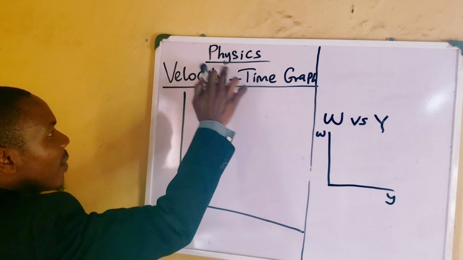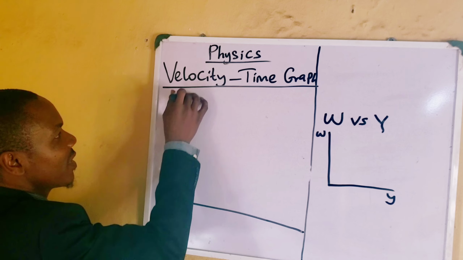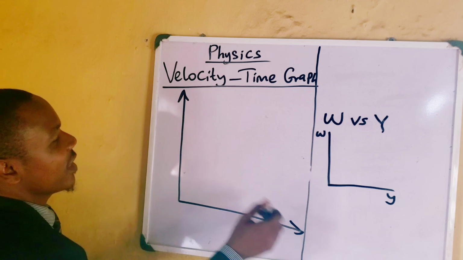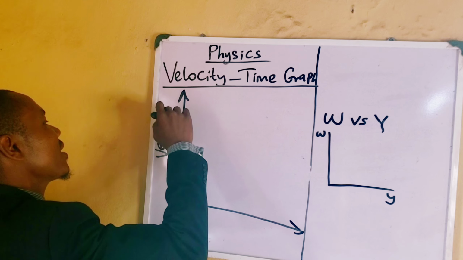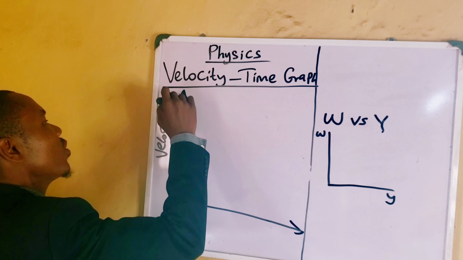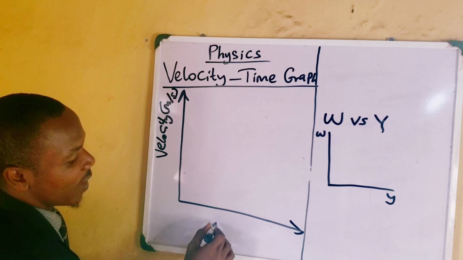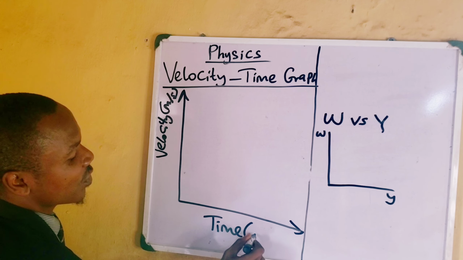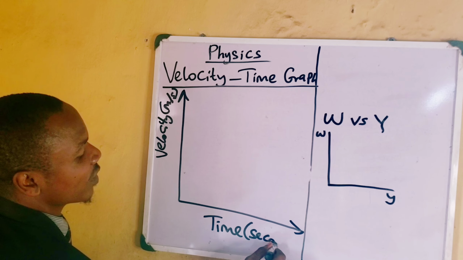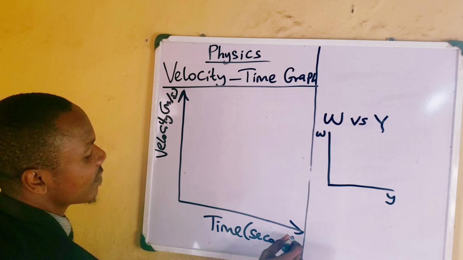We are talking about a velocity time graph. That means velocity will be on the vertical axis, with the unit meter per second, and time will be on the horizontal axis, with the unit seconds. Can you see that?